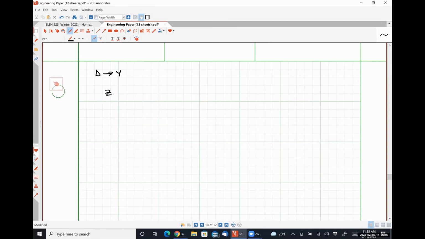Where ZYA is Z delta A, Z delta C divided by Z delta A plus Z delta B plus Z delta C. ZYB is Z delta A, Z delta B divided by that same denominator.